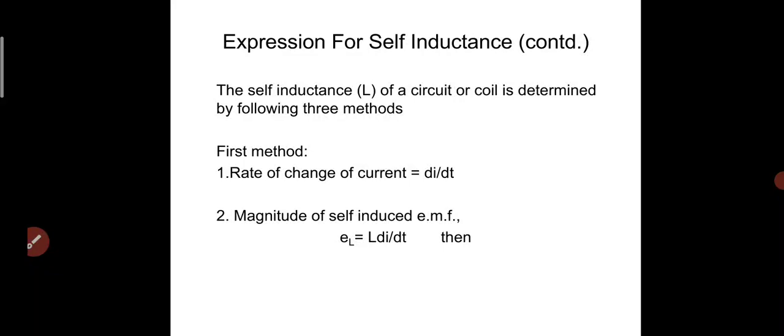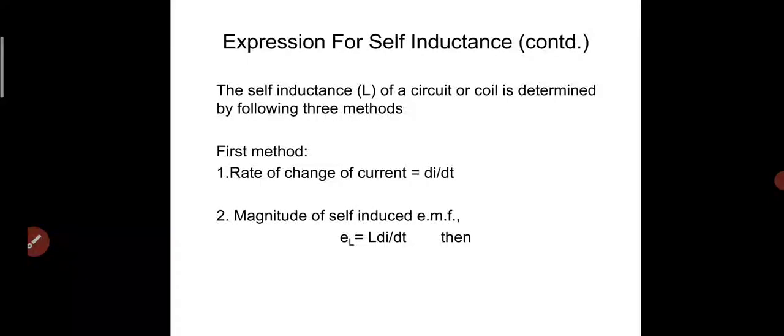The first method: consider a coil of N turns carrying a current of I amperes, and let phi be the flux linking the coil. The product of N phi is normally termed as flux linkages.